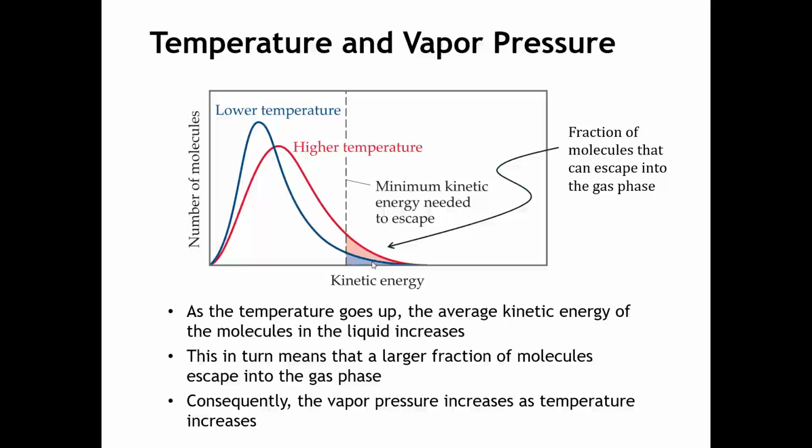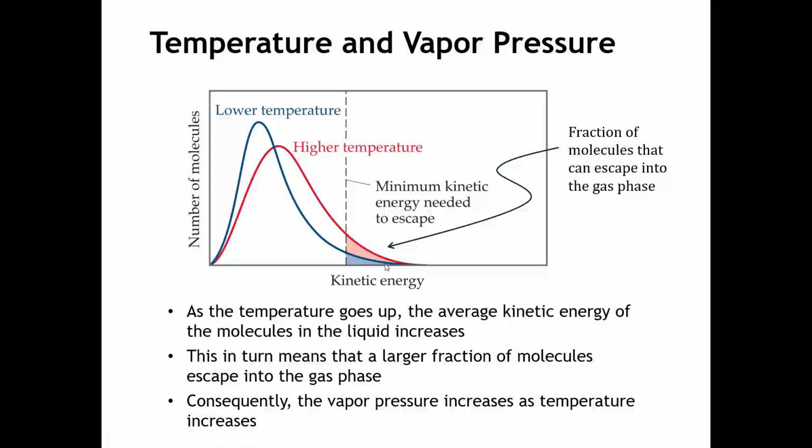For one of the molecules to get away, it has to have more kinetic energy than the forces that are holding it to the other molecules. This dashed line represents that energy. So only the molecules in the shaded blue region have enough kinetic energy to escape from the liquid and go into the gaseous phase.